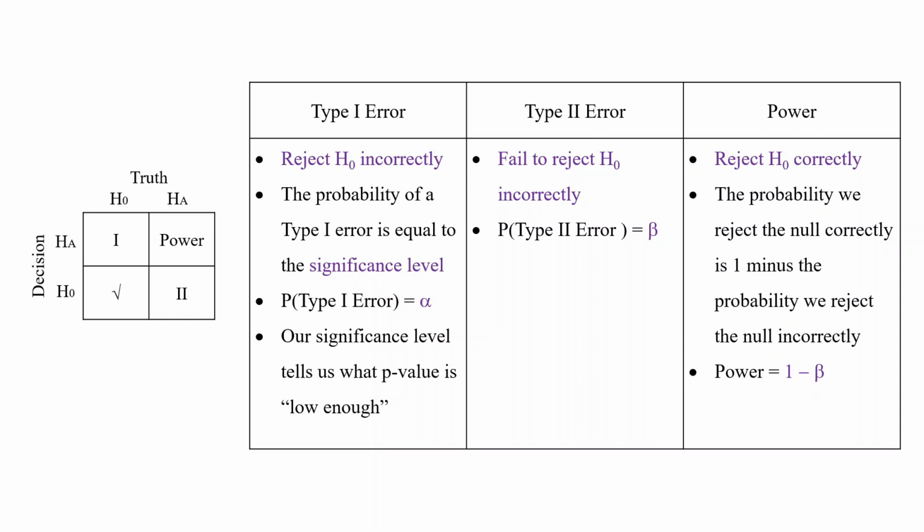And because it's a probability and because we want it to happen, we want a high probability for power. We want that large probability for power. The larger the probability is, the more powerful we say the test is at determining if there is convincing evidence of the alternative.